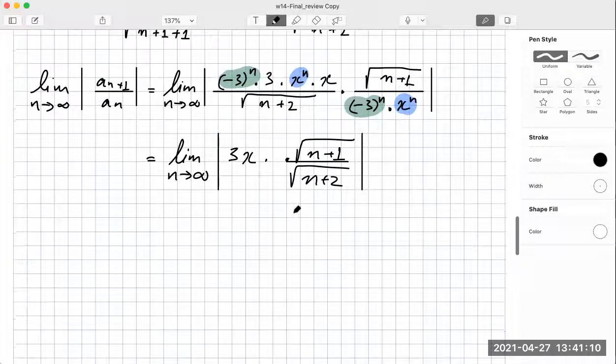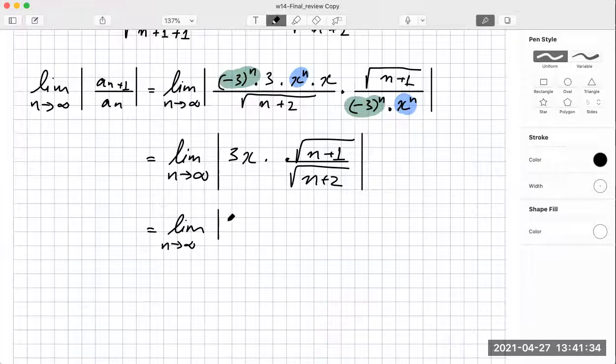And the power rule tells us that n plus 1 and n plus 2 are both positive. And they have the same power, right? Which is 1/2, or they are all under the square root here.